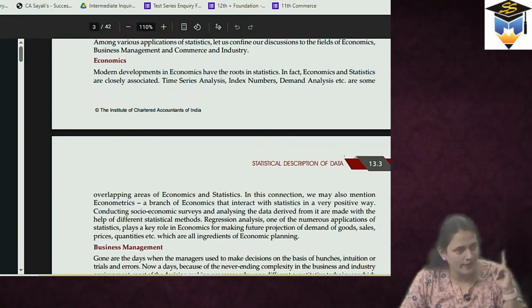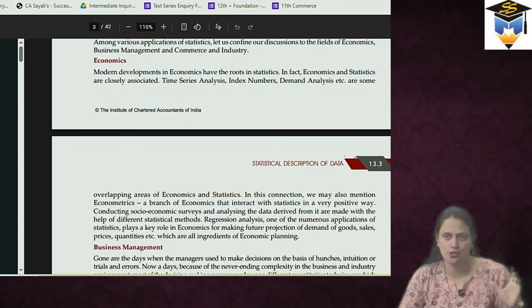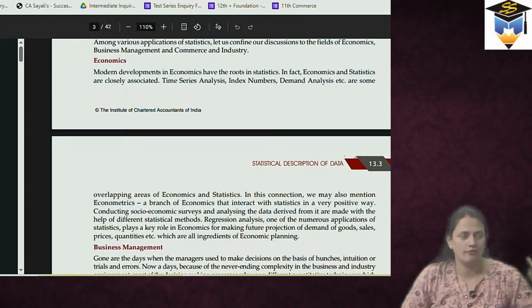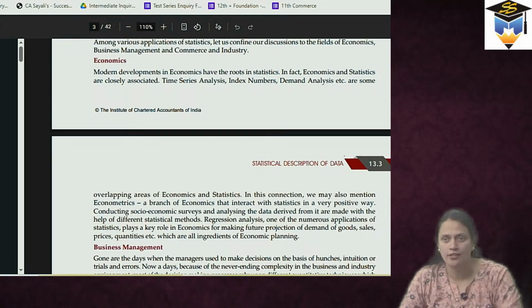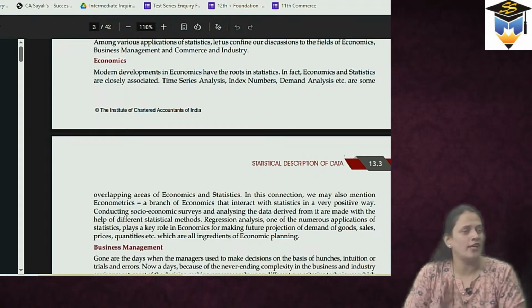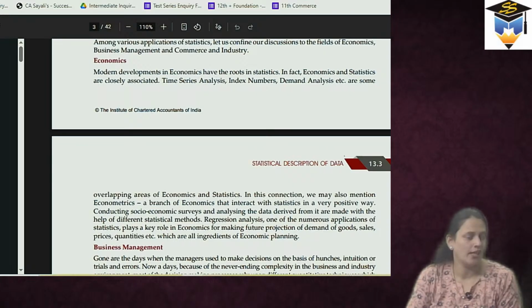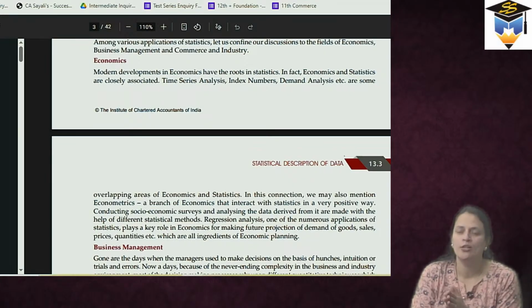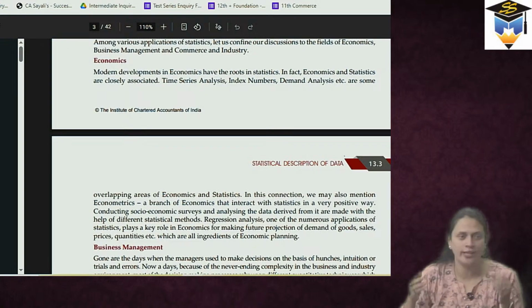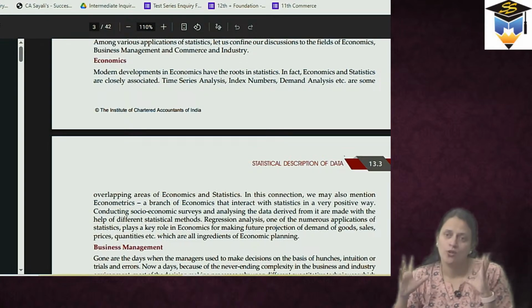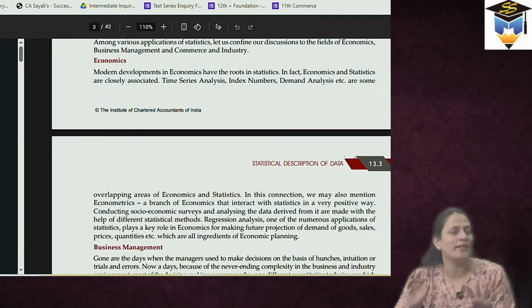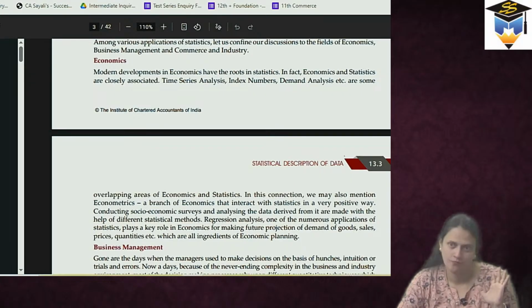But you should always remember that while considering such years, or when you have to see data from different years, that particular year should not face any adverse condition. Can you tell me why? Because let's say in the year 2020-21, COVID hit. So those particular years cannot be taken as base years. Why?